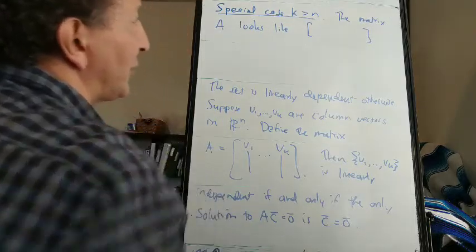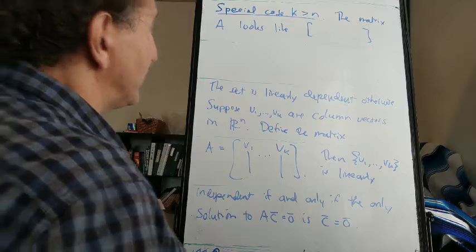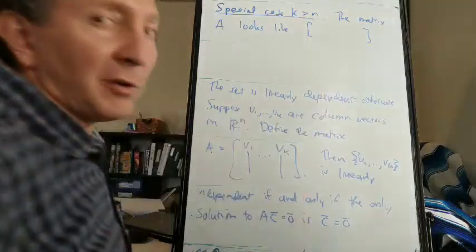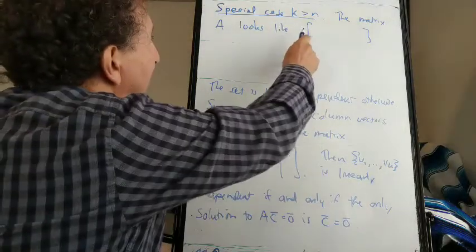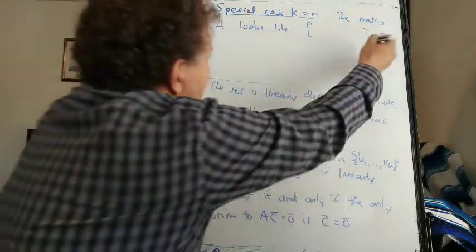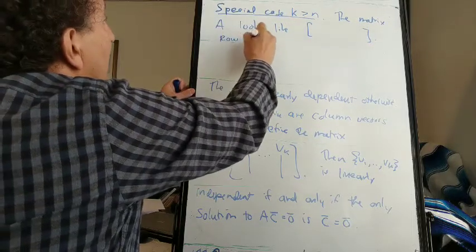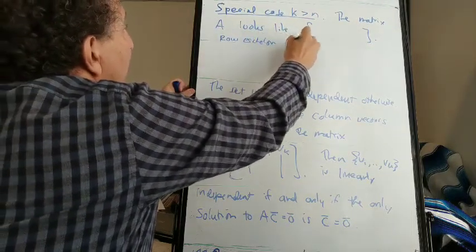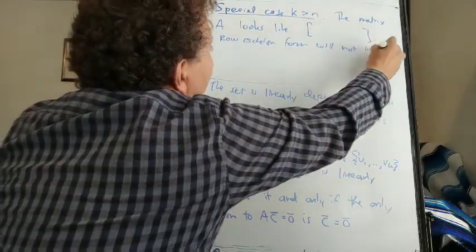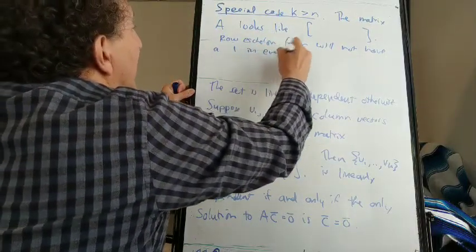Then we can imagine what happens when we do row operations to find a matrix in row echelon form. We're going to have a 1 and a 1 and a 1 someplace, but certainly not a 1 in every column, because we've only got n rows and we've got more than that many columns. So row echelon form will not have a 1 in every column.